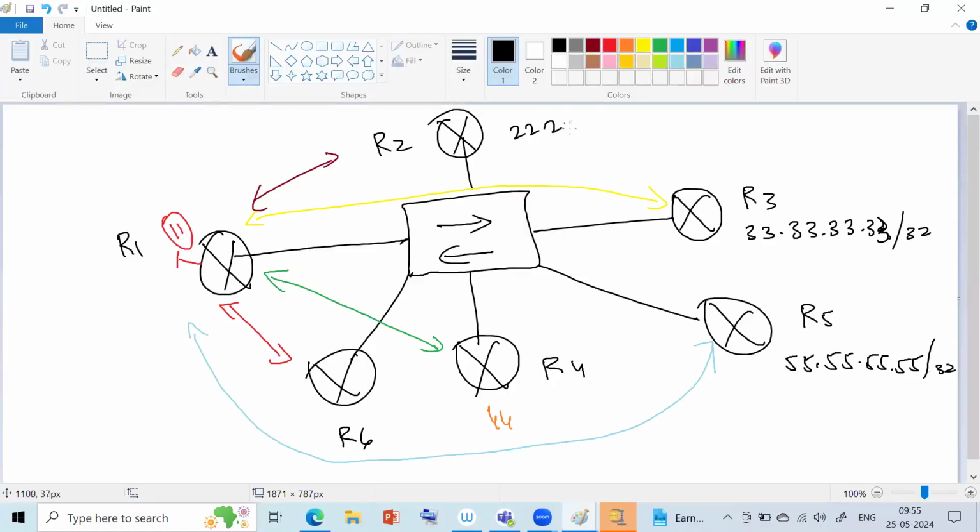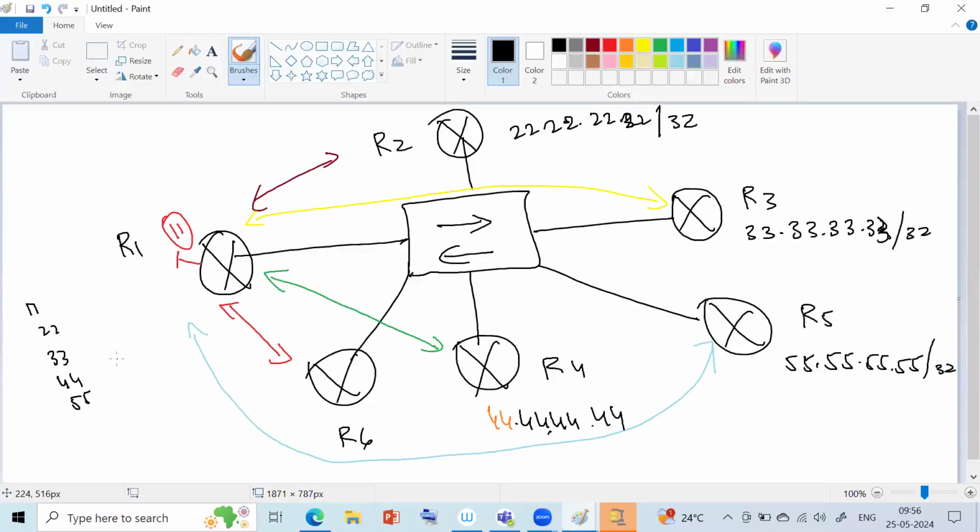Similarly, here 22.22.22.22. Same goes here 44.44.44.44. Right? R1 will know about everybody's network: 11, 22, 33, 44, 55.